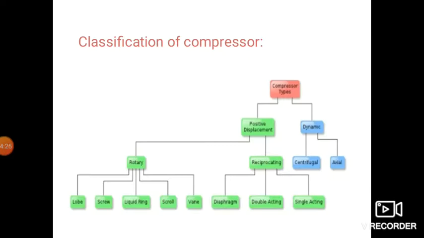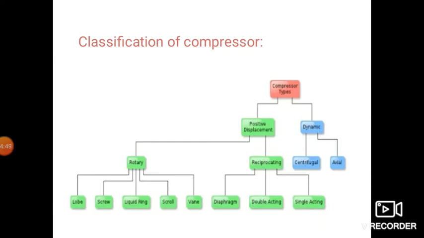Next is the classification of compressors. There are two types of compressor, positive displacement compressor and dynamic compressor. Dynamic compressors are broken up into two types, centrifugal compressor and axial compressor.